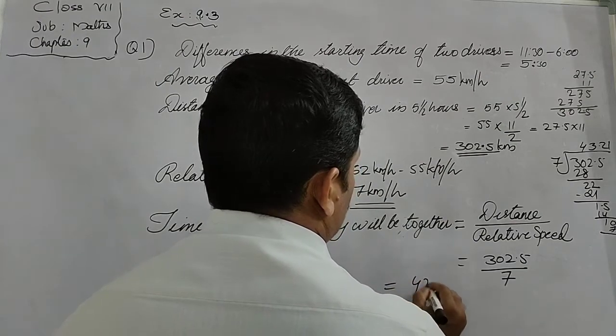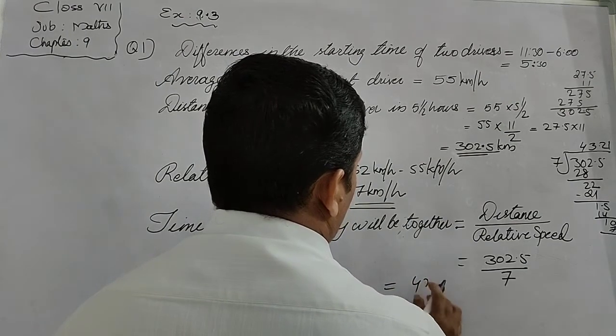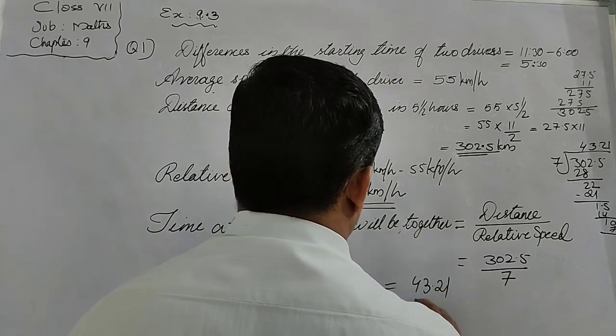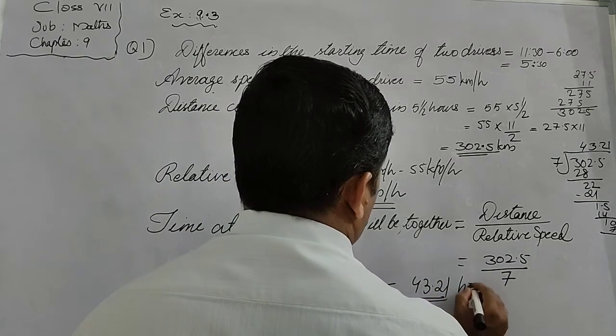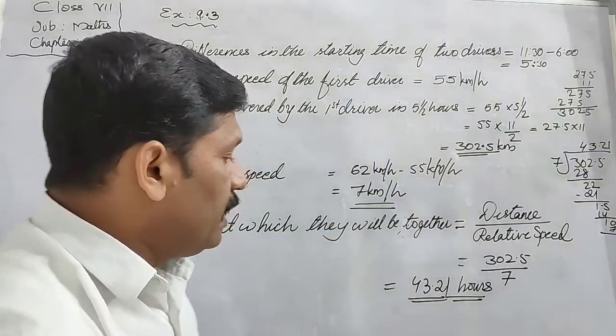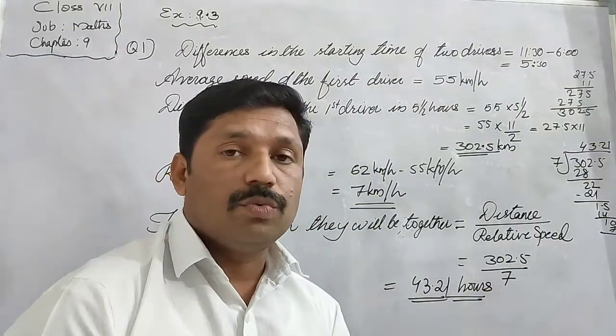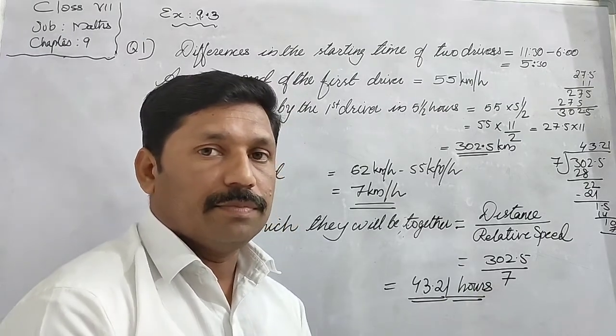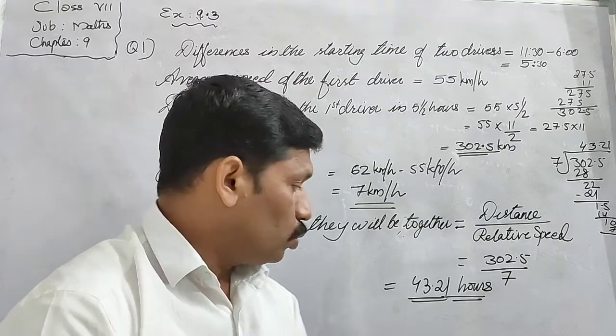Therefore, we get 43.21 hours after they will be together. So they will be together at 43.21 hours after. That means after 2 days they will be together.